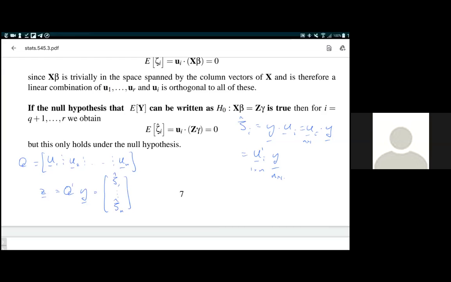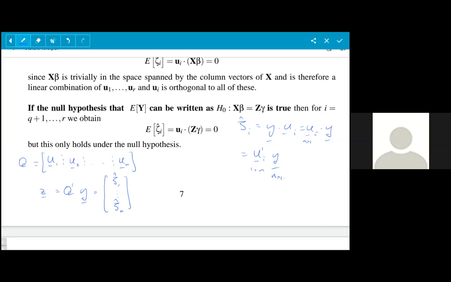So we have a very simple way of writing the zetas as a function of y.